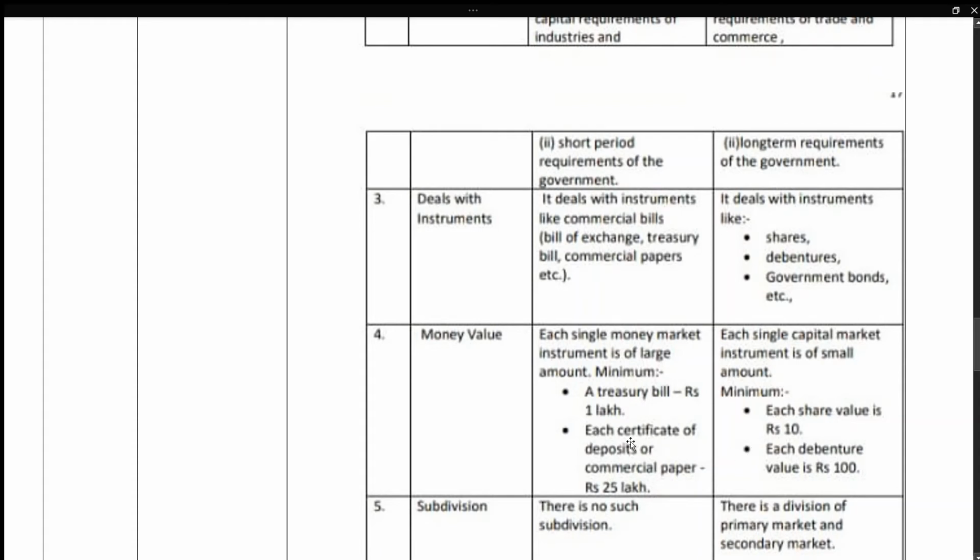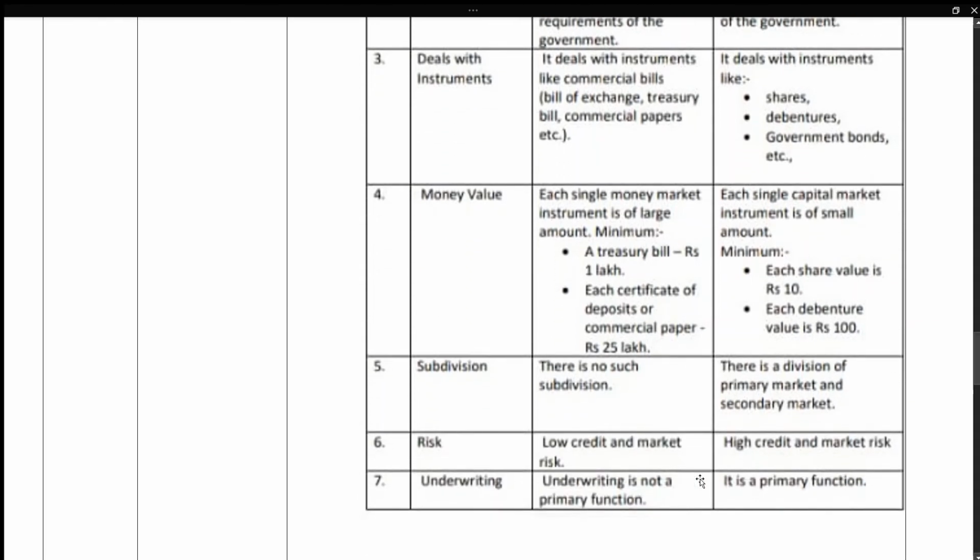For example, a treasury bill's minimum price is rupees 1 lakh. Each certificate of deposit or commercial paper is rupees 25 lakhs. And here the single instrument value is a small amount. For example, each share value is rupees 10 and each debenture value is rupees 100.